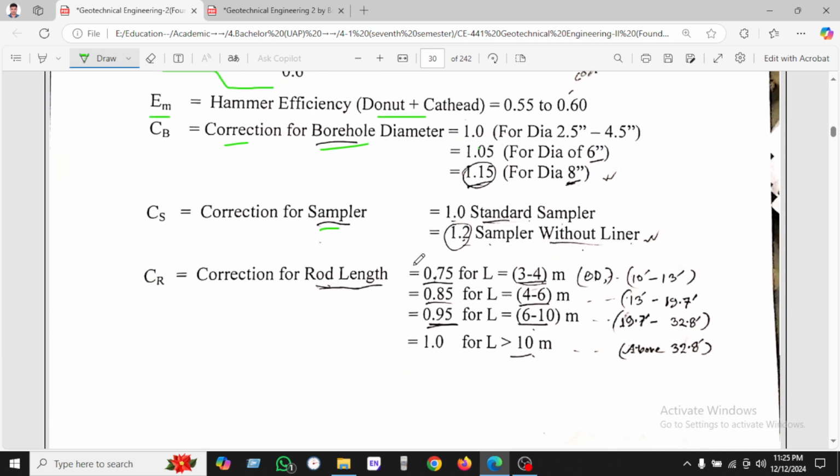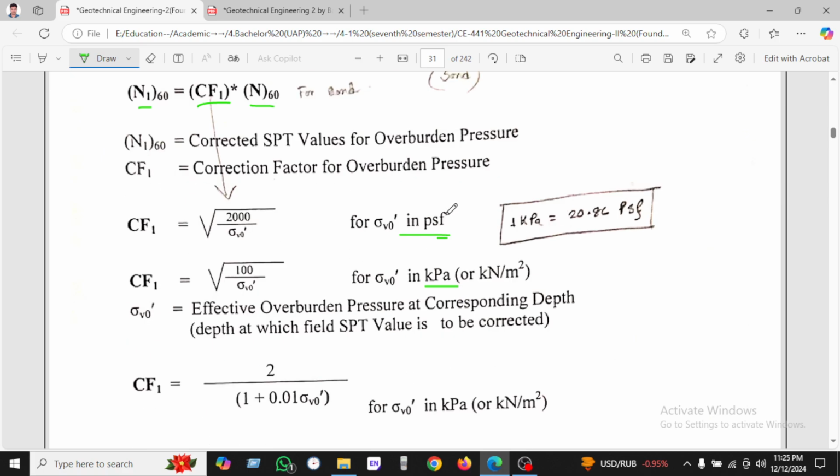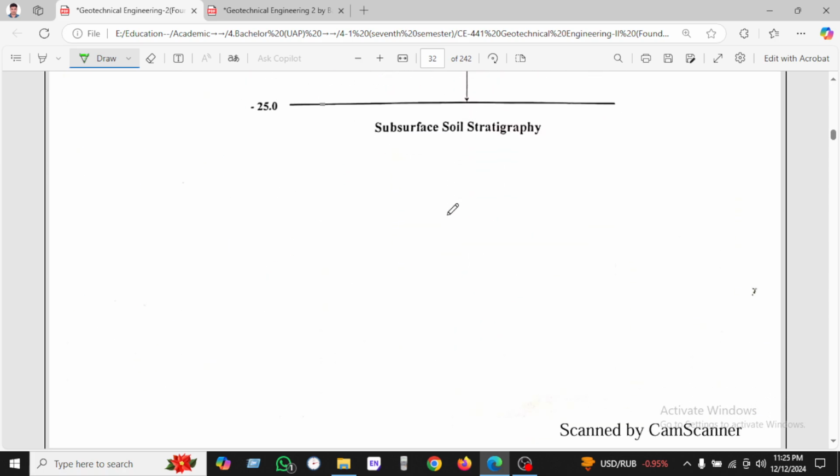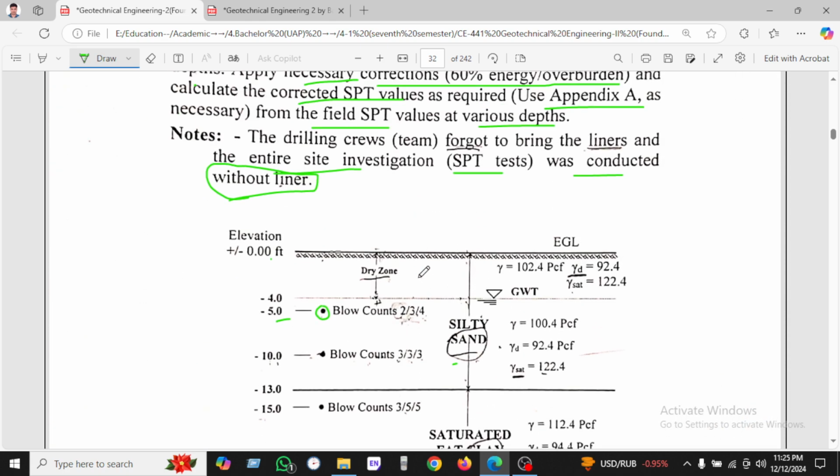This coefficient is also given for calculation purposes. And CB is 1, CS is 1.2, and CR is 0.7 for the rod length at 5 feet below, and EM 52, and NF is 3 plus 4. Why have we taken the 3 plus 4?